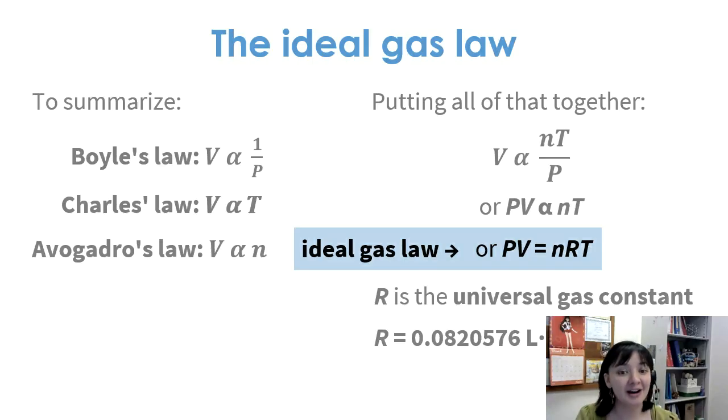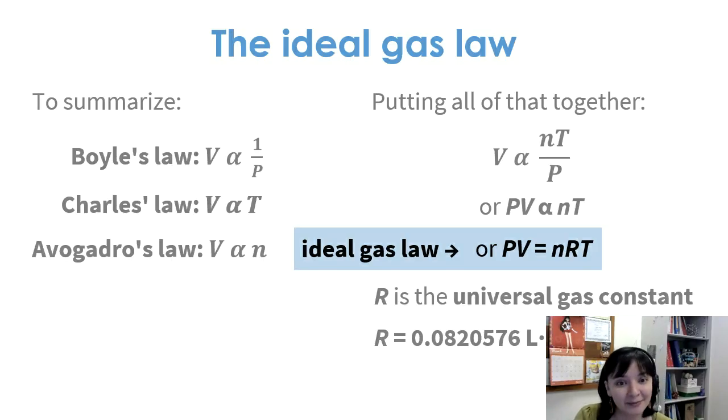PV is not directly equal to n times T, but if we throw this R multiplier in there, that makes this equation true. Now R as a value is written out right here. I'll usually end up shortening it to just 0.08206 liter atmosphere per mole Kelvin, but the value that's on your formula sheet, and the value that we should really use in class to avoid any rounding errors or loss of significant figures, is listed right here.